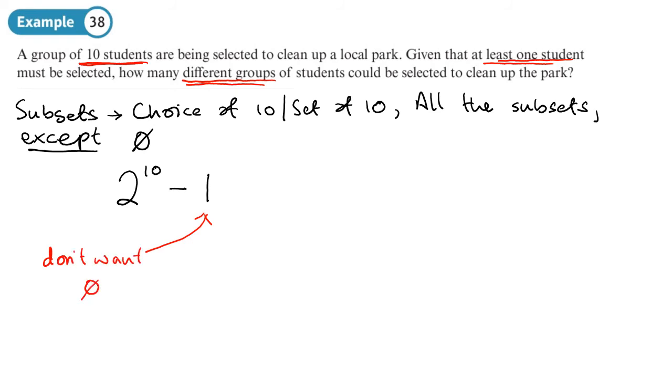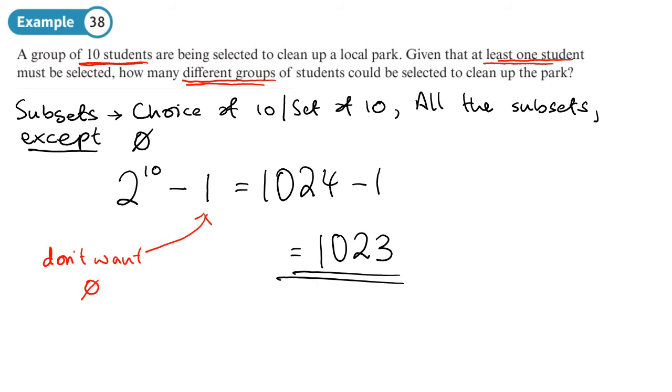So 2 to the power of 10 is 1024. Take away the 1, that leaves 1023. So there's lots of ways of choosing at least one student to help clean up this park.